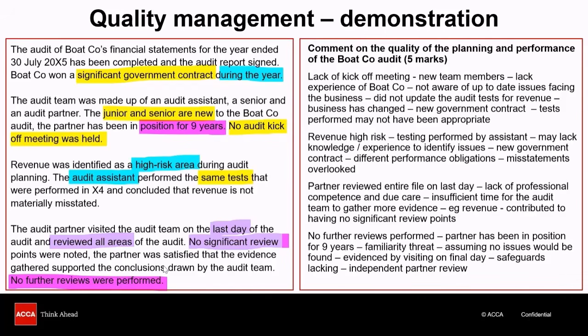Well, the wrong answer is to come up with a fifth point that is rubbish. That is a repeat of one of your other ones where you try to change a little bit of it to make the marker think it's different. Or you come up with one that you don't think is a decent point, but you must have 5 because it's the 5 marks. So you write something that's not very good.